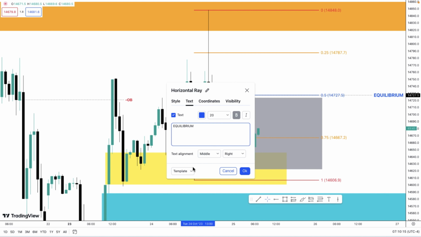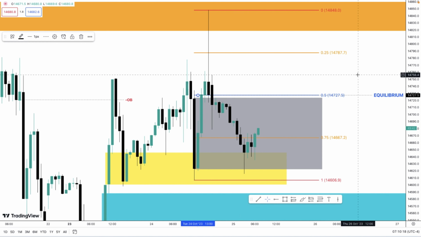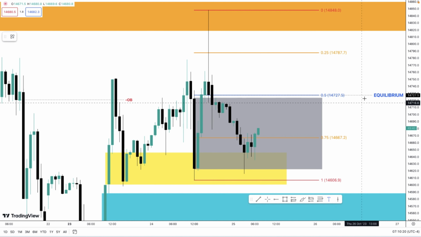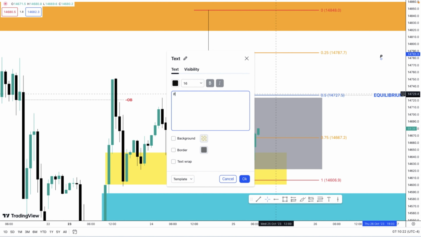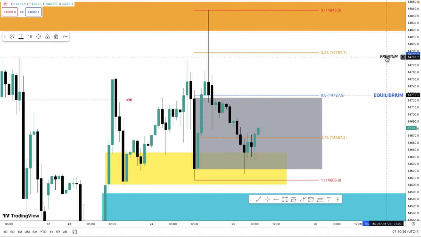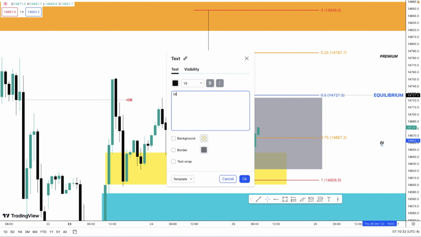Anything above equilibrium is premium. Anything below equilibrium is discount. So all prices below the equilibrium price, those are discount prices.